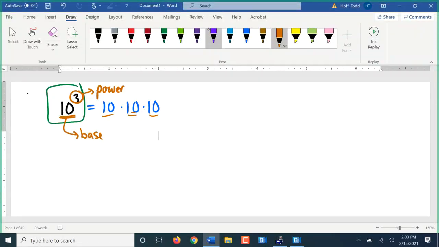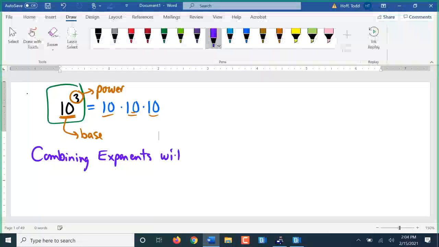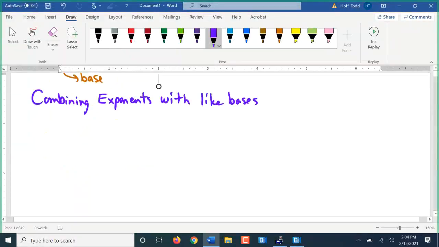What we want to look at today is combining exponents with the same base. Call it exponents with like bases. So that means it's going to be 10 to the power of, or x to the power of, for both exponents we're trying to combine.